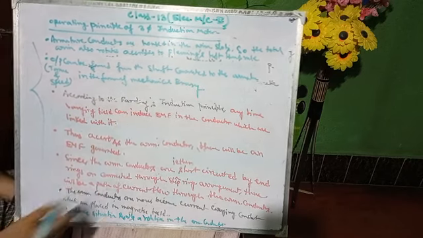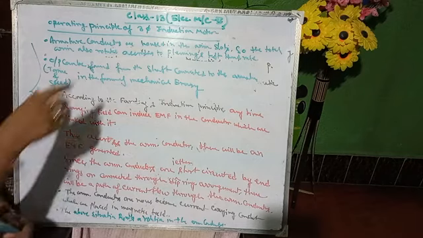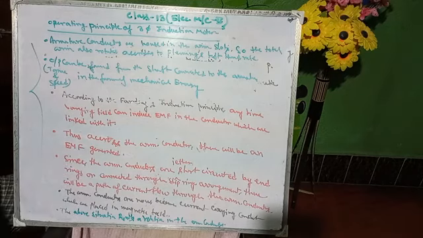So from the three-phase input to the mechanical output, there are a lot of points which speak of the basic operating principle of three-phase induction motor. Okay, so this is all about your three-phase induction motor concept.